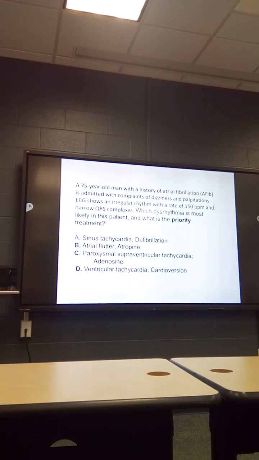What is the treatment priority? So we know they're in AFib with a heart rate of 150, and above 150 is SVT. So they're in supraventricular tachycardia. Are we gonna give sinus tach, are we gonna defibrillate? No. Atrial flutter, are we gonna give atropine? Probably not, because there's a lot of things we don't want to do.